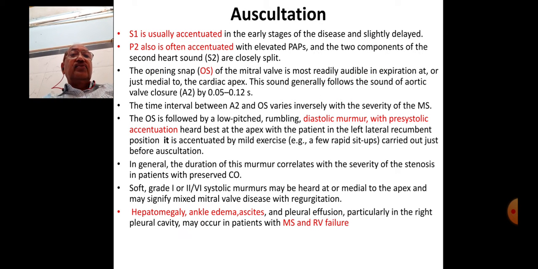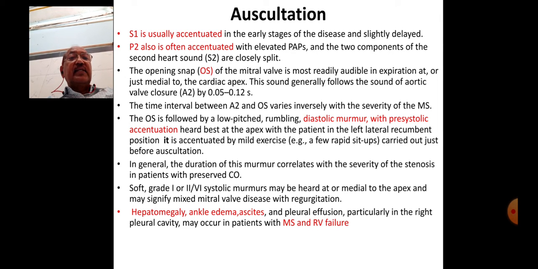In general, the duration of this murmur correlates with the severity of the stenosis in patients with preserved cardiac output. Soft grade 1 or 2 systolic murmurs may be heard medial to the apex and may signify mixed mitral valve disease with regurgitation.